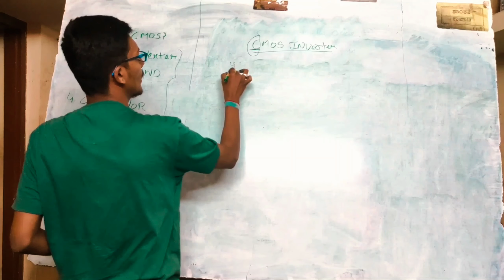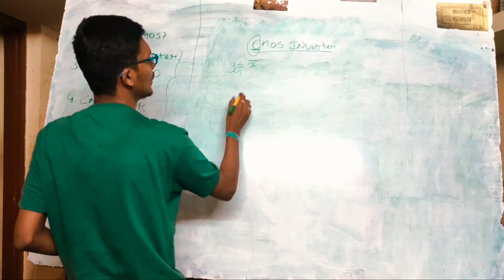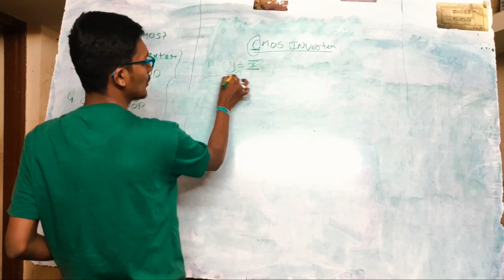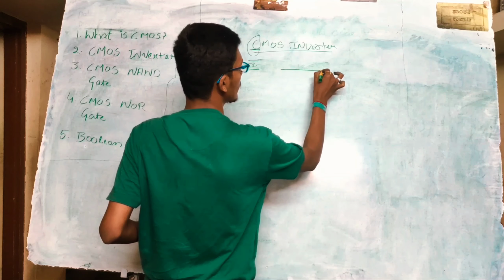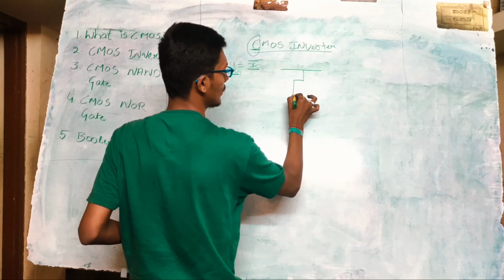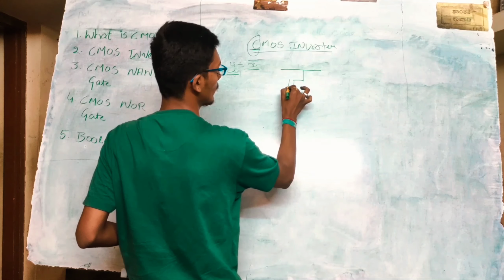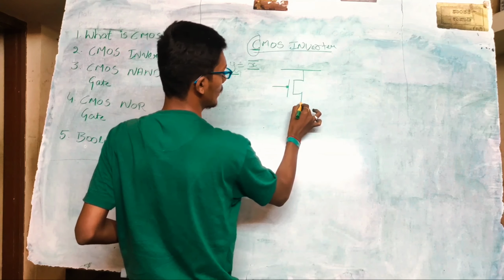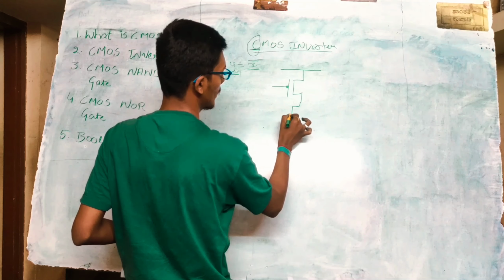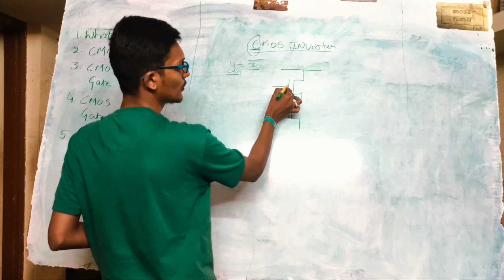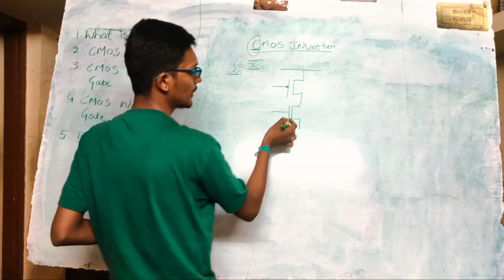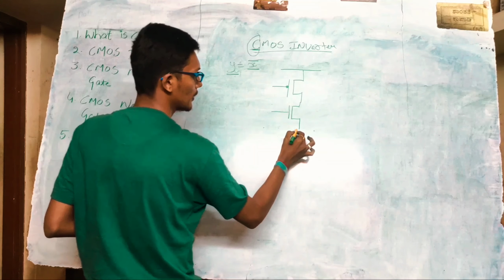We have Y is equal to X bar. We have a single input and one output, right? So a single PMOS and a single NMOS are taken, which are in series. This is PMOS because there is a bubble before it, and this is NMOS because there is no bubble.